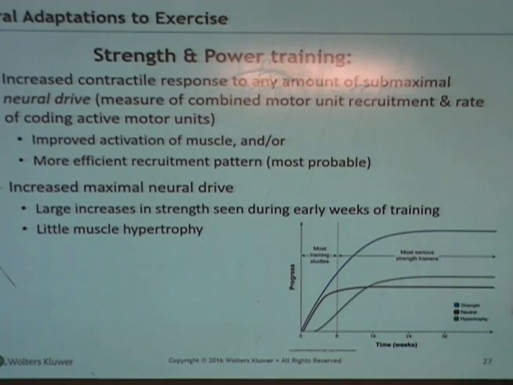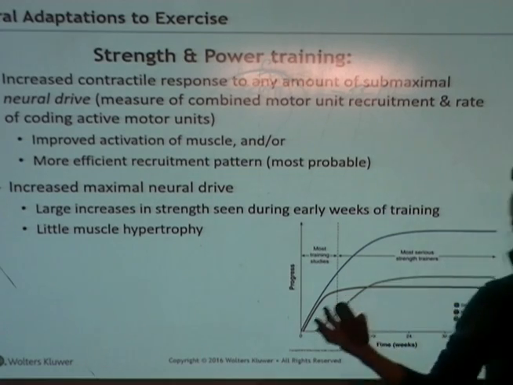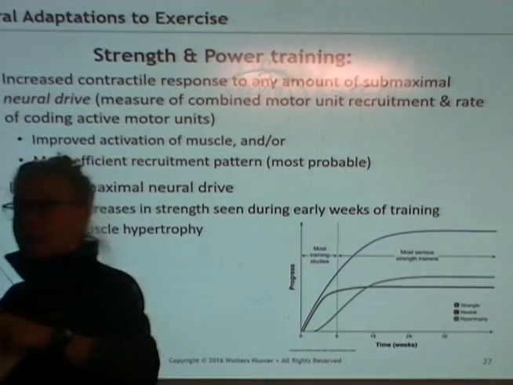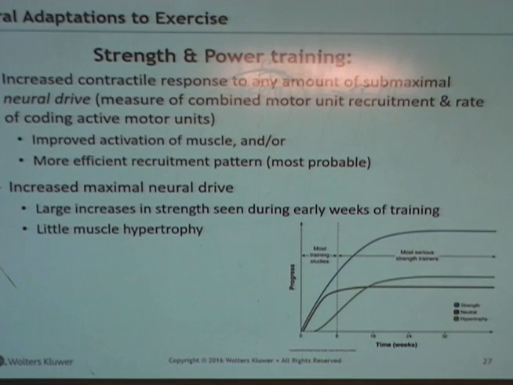But if I wanted to increase strength or increase power, it would help if I could turn on more motor units at the same time, right? So I was contracting more muscle fibers all at the same time. Does that make sense? Okay? So that's one of the things that we see occur, right?